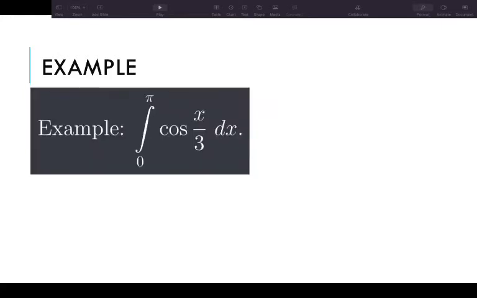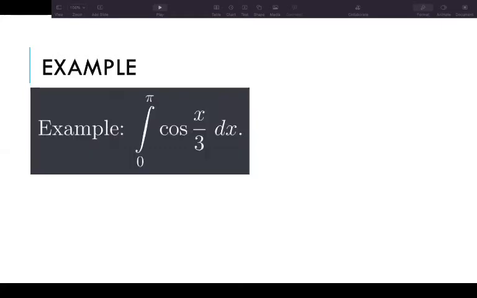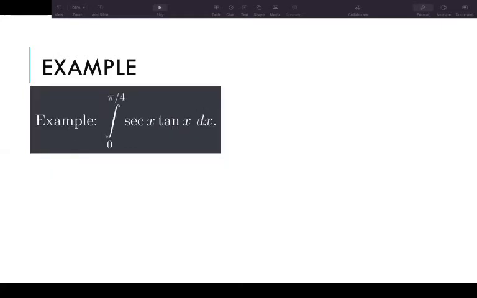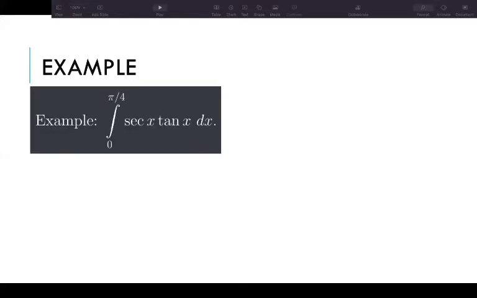So evaluate the integral. We evaluate the integral of this one, secant x tangent x dx from 0 to pi over 4. As we can see, this is simply the derivative of secant x, right?